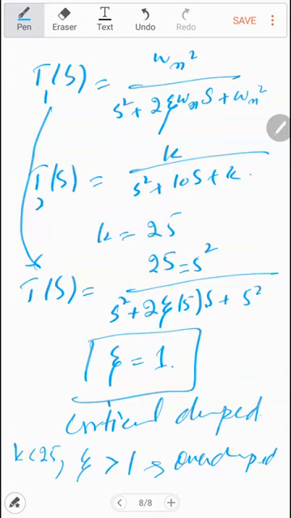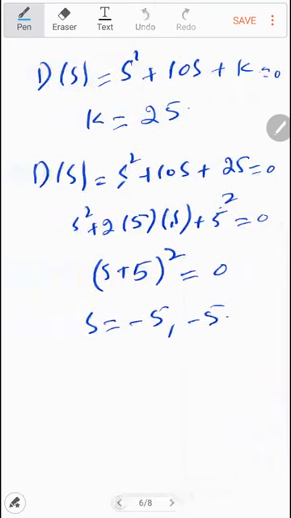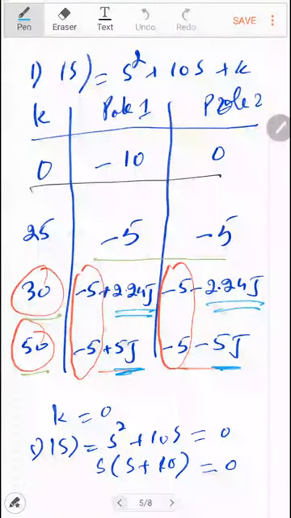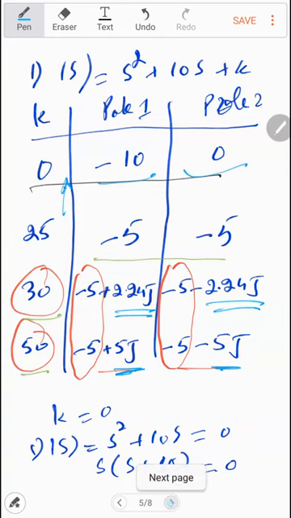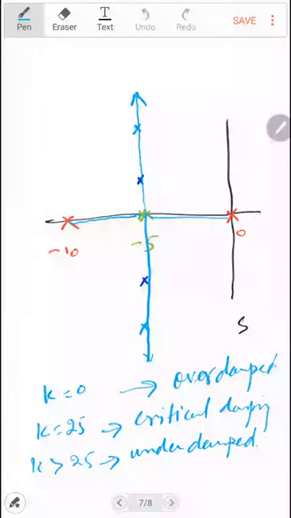You see, for k less than 25, the two poles are along the real axis and they are apart from each other, this one and this one. And when k becomes equal to 25, we get the two poles at the same point.